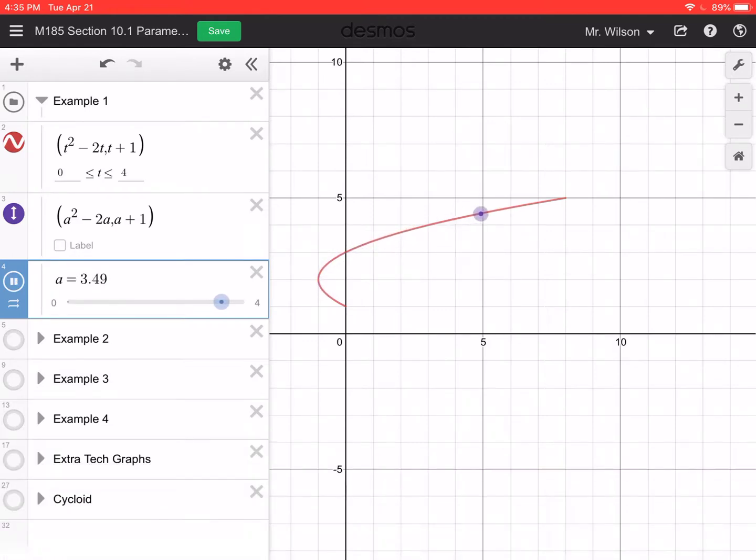And you can see that it's just going to trace out this one segment of the graph now instead of the whole thing. Okay, so we can play around with the endpoints of these parametric equations.